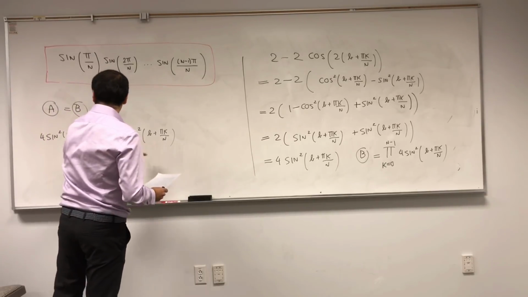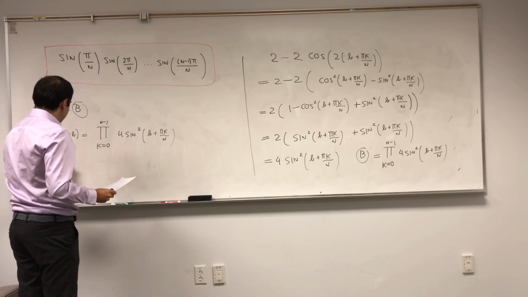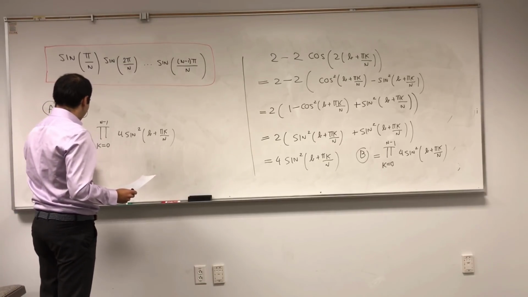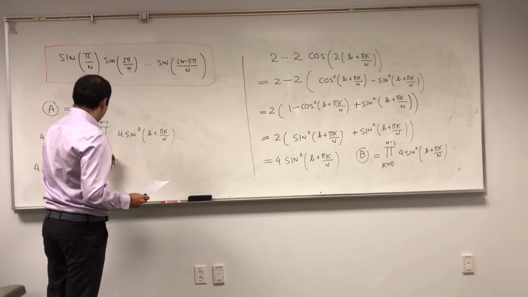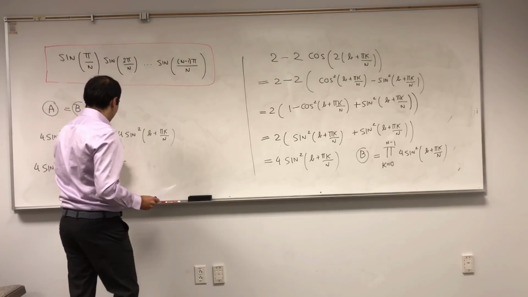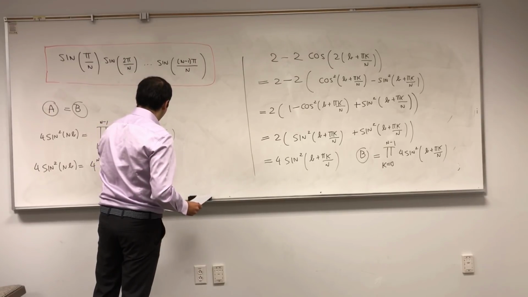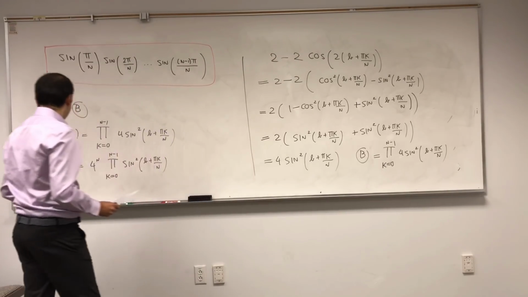So what we get is 4 sine squared of nb equals, I guess, 4 to the n, product from k equals 0 to n minus 1 of sine squared of b plus pi k over n.